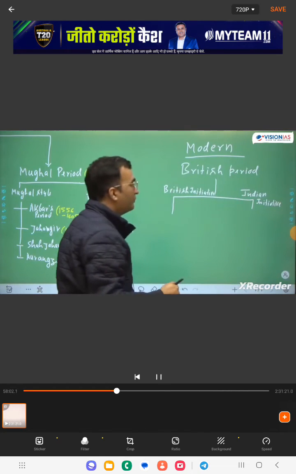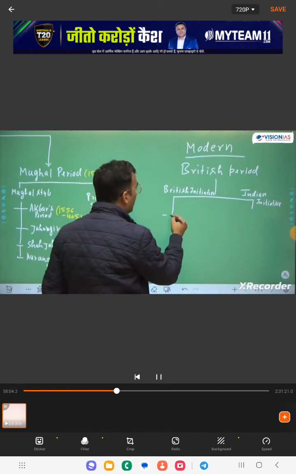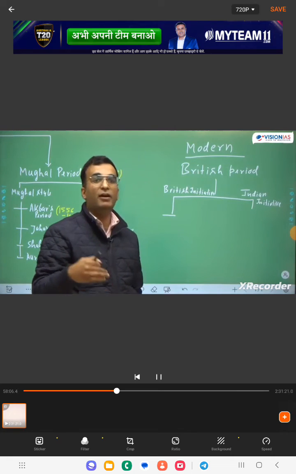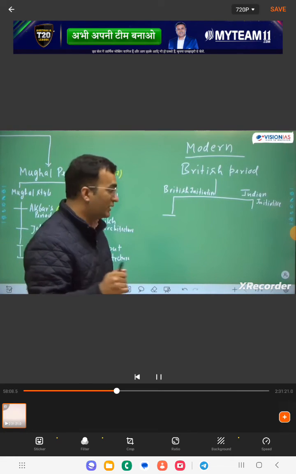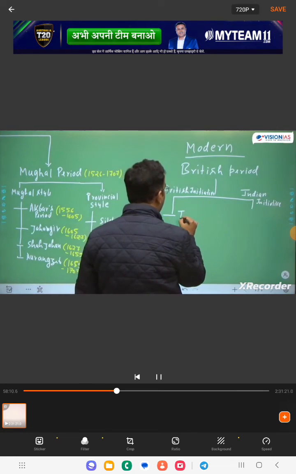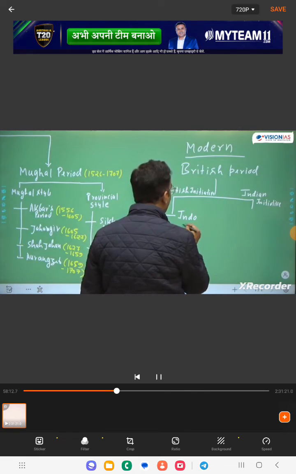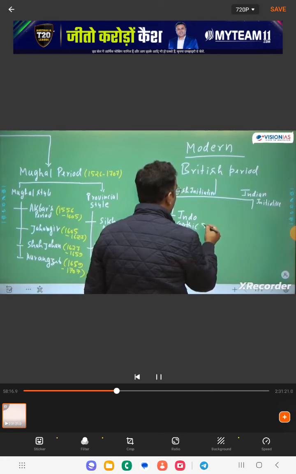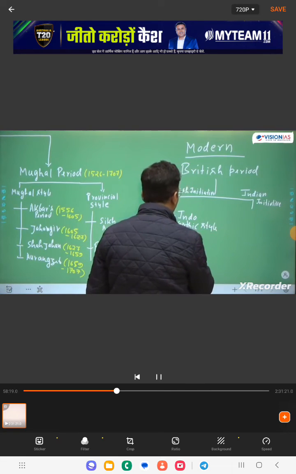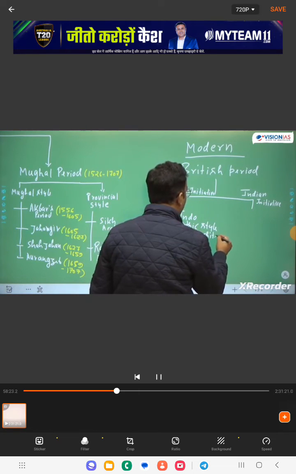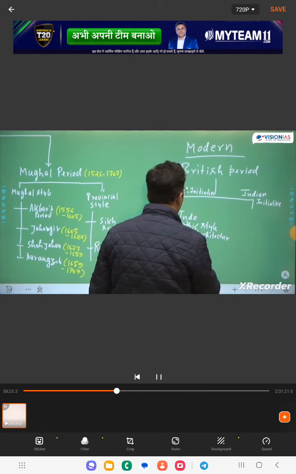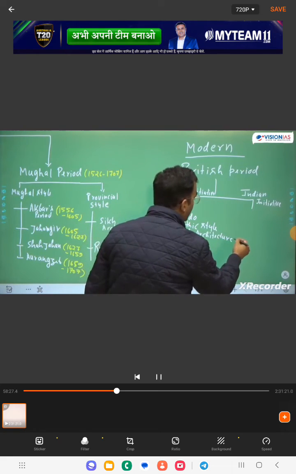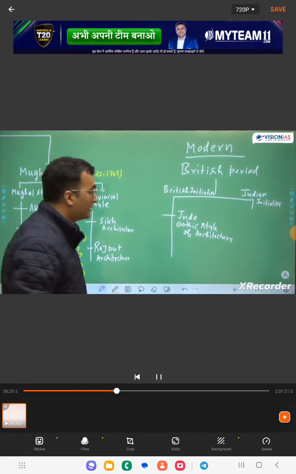When it comes to the British initiative, the number one style of architecture that Britishers introduced is known as Indo-Gothic style of architecture. Okay? So this was the number one style introduced by the Britishers.